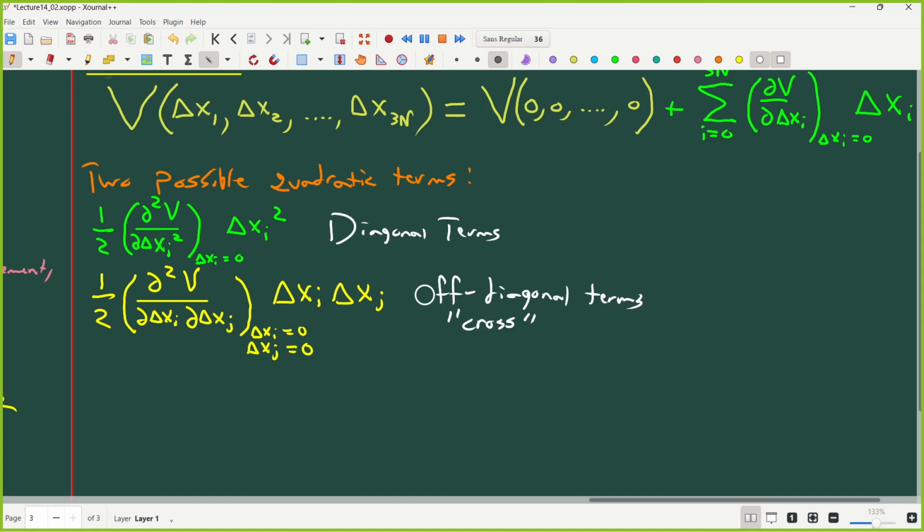So the two coordinates are coupled, as I explained before. So these terms might not be 0. And this is where it becomes very tricky to deal with things, because this is where the coupling comes in.